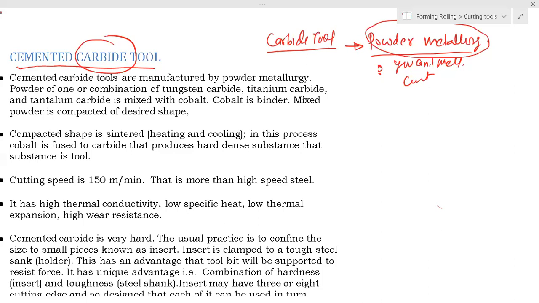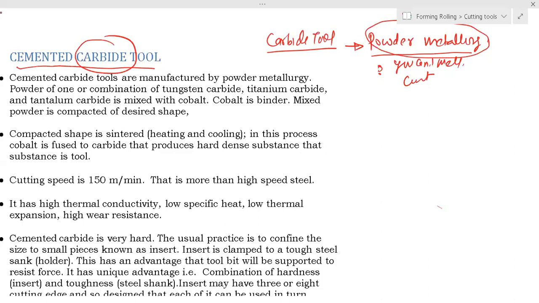Powders of different metals are mixed together in the proper ratio in a die and pressed. Once pressed, it takes the shape, and finally sintering is done. Basically, there are four steps: mixing, compacting, sintering, and finally small machining. Once compacted into the desired shape, we heat it in sintering, so bonding forms inside and the powders are rigidly joined.